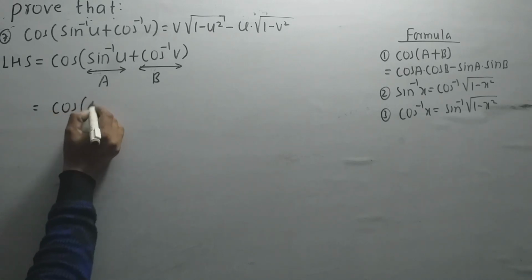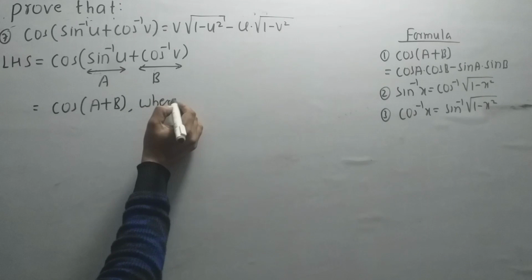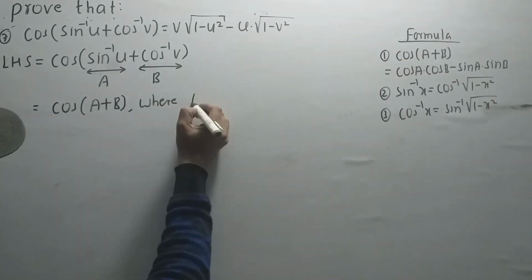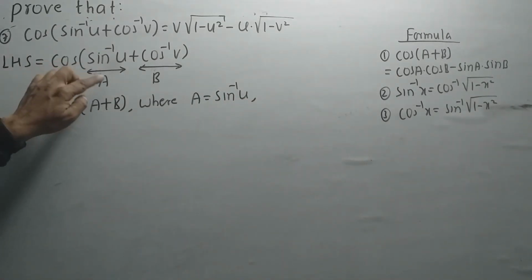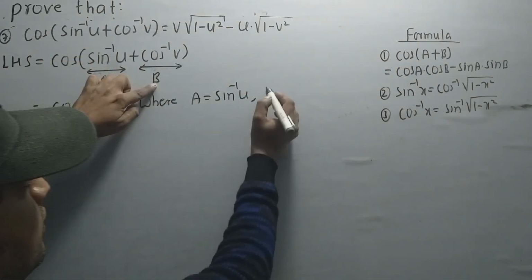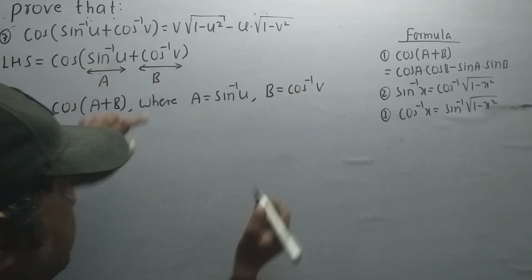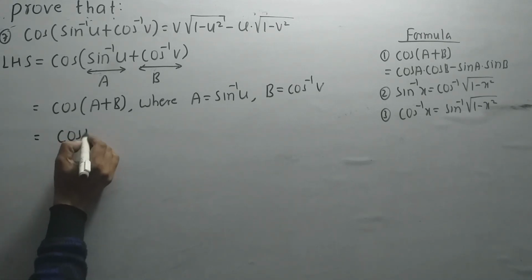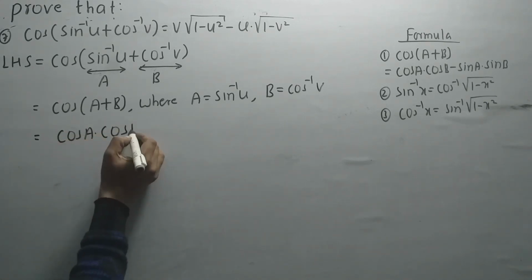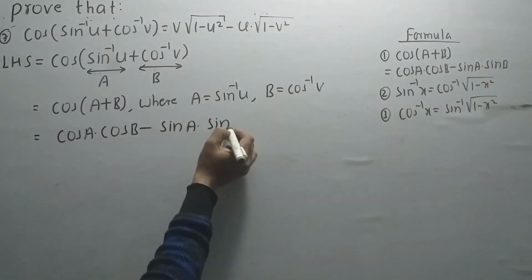So write here cos (A plus B), where A is sin inverse u and B is cos inverse b. Now expand the formula of cos (A plus B): that will be cos A times cos B minus sin A times sin B.